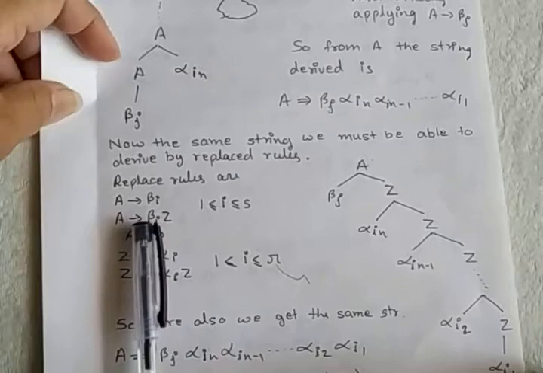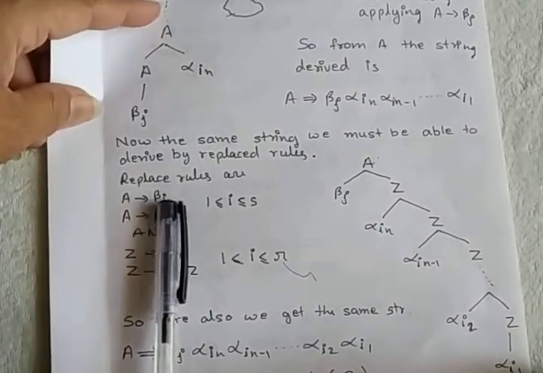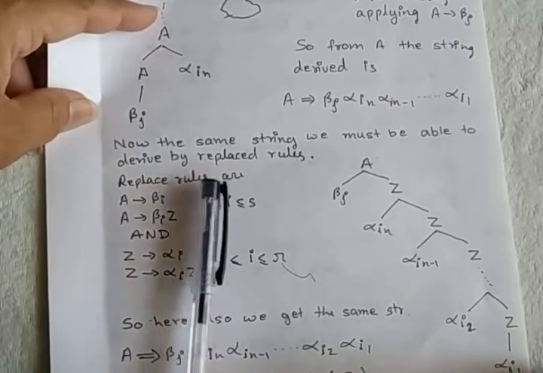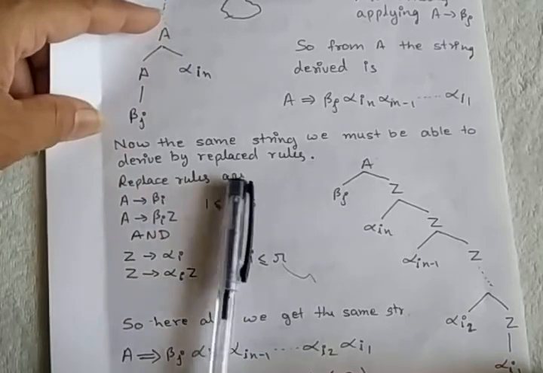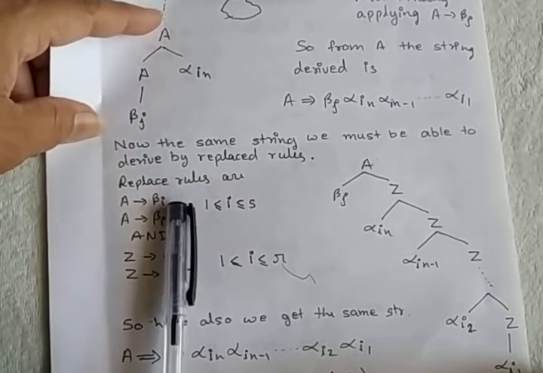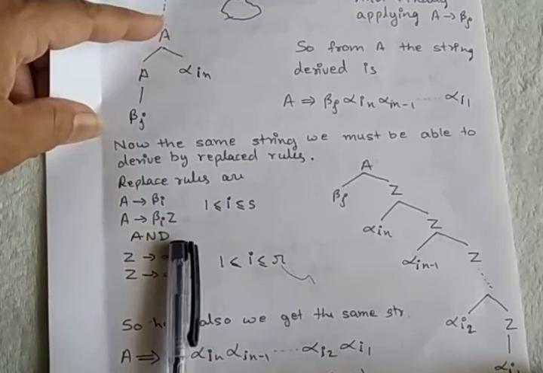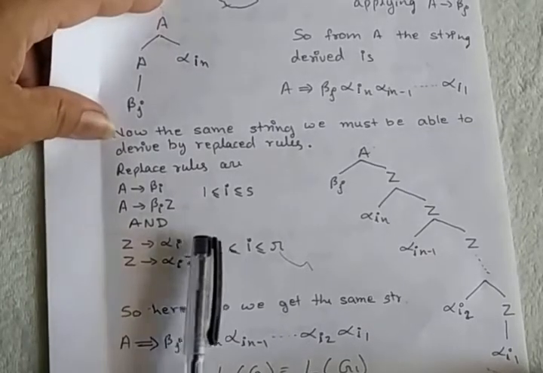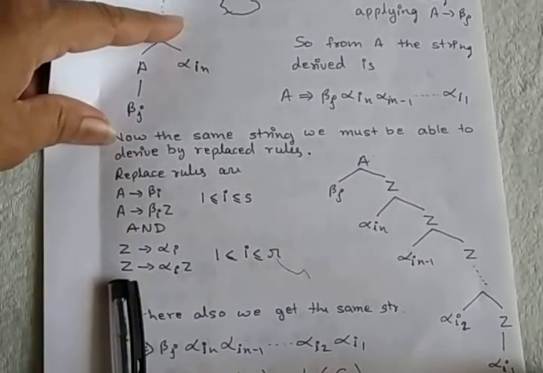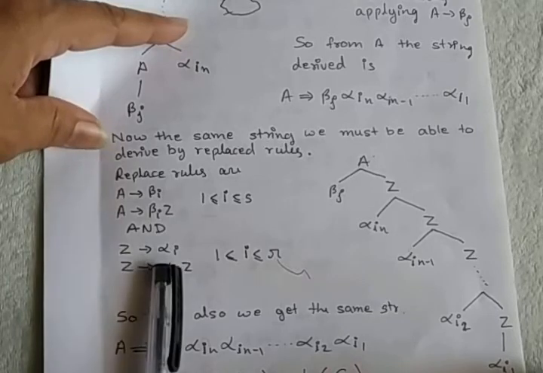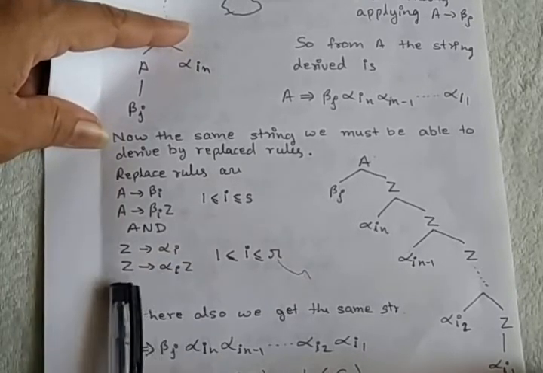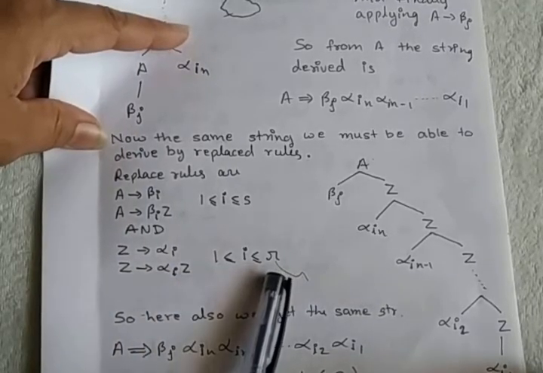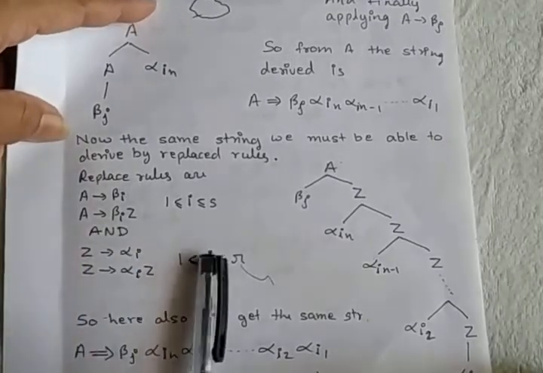See, all the rules of the form A tends to beta i will be converted into A tends to beta i and A tends to beta i Z, where i varies from 1 to S. And similarly for all the A tends to A alpha rules, we convert these rules to Z tends to alpha i and Z tends to alpha i Z, where i varies from 1 to R, right? Now apply these rules.